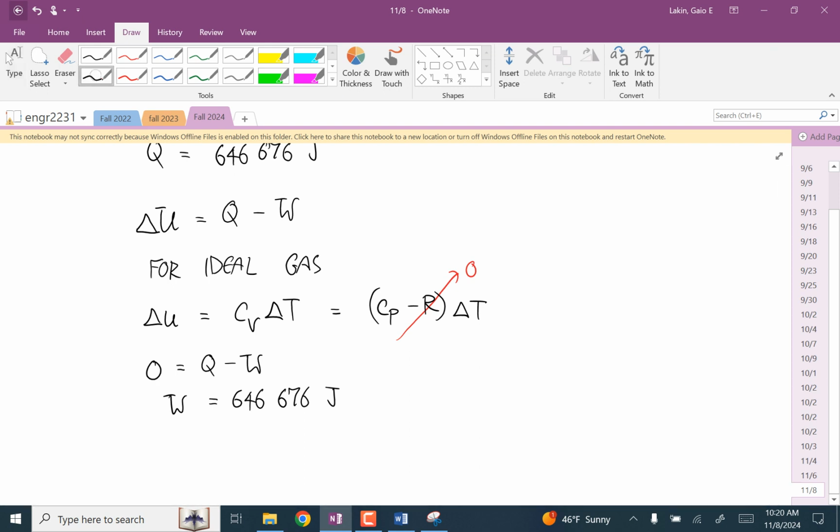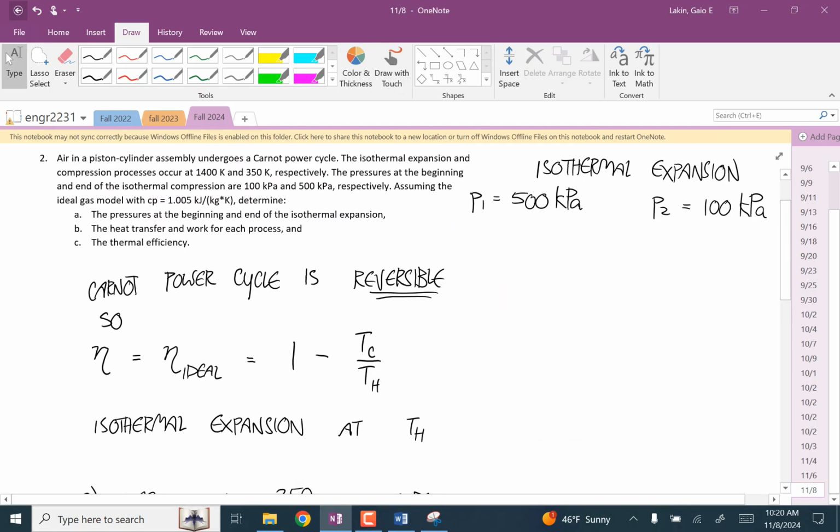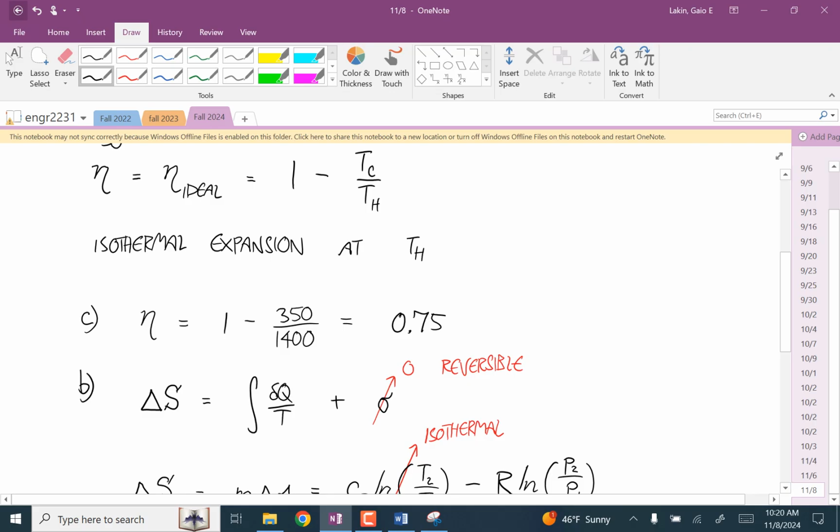And then we'll do the same thing for the, what was part C? The thermal efficiency. Yeah, we did that first. That was the one where you just had to recognize that it's reversible.